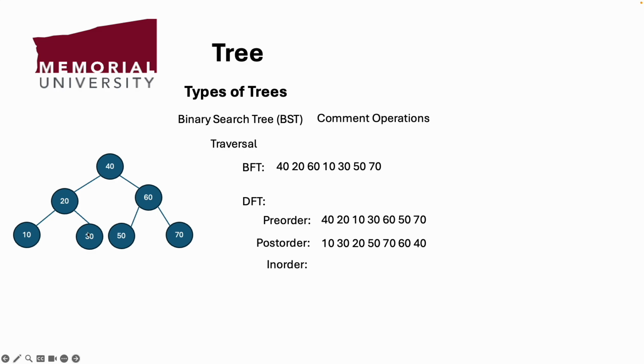So from in-order, what do we get? 10, and then go to 20, then go to 30, and then finish this left child and go back to their parent. It's 40, and then going to 50, 60, 70. So in-order will be 10, 20, 30, 40, 50, 60, and 70.